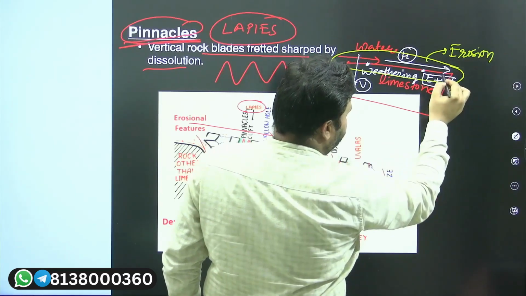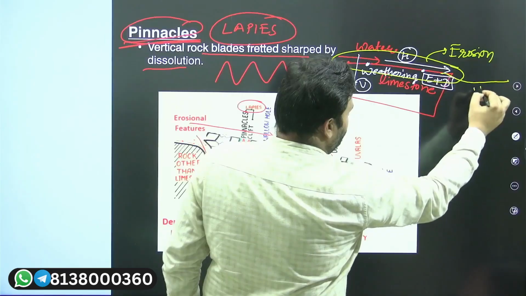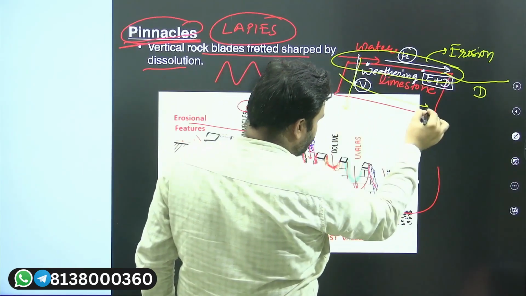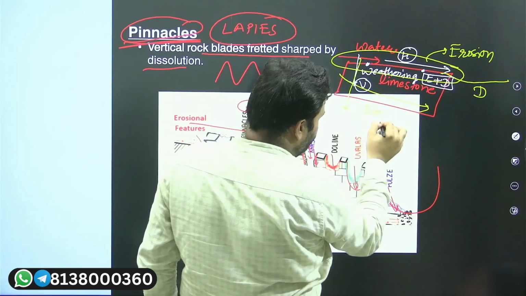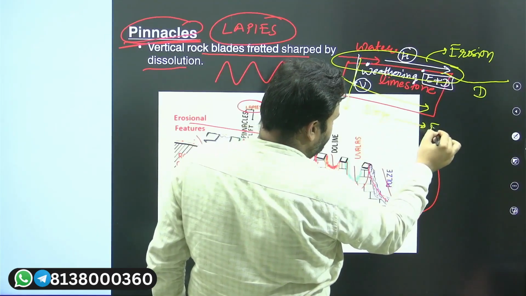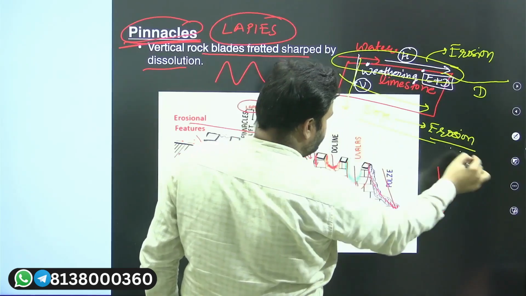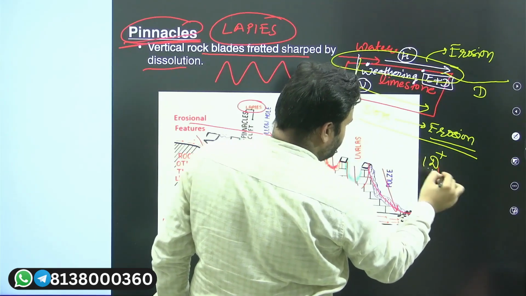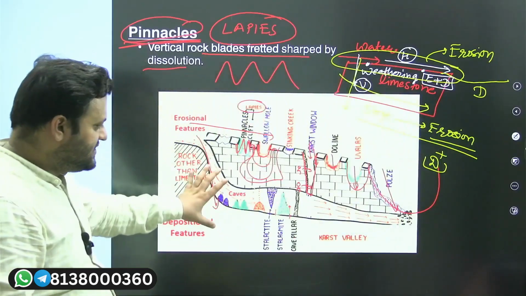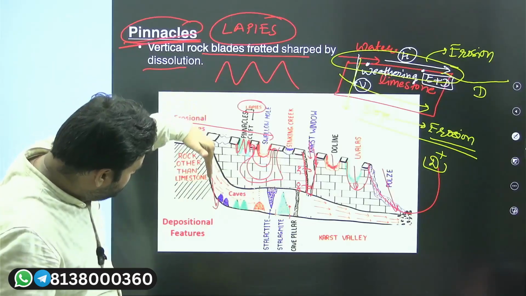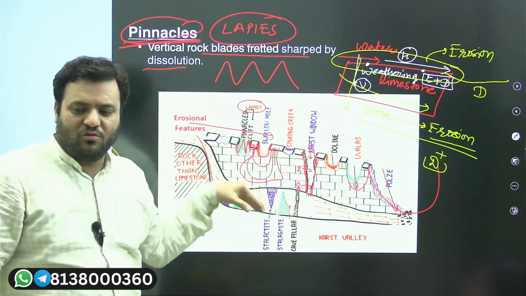However, if there is a gentle slope, then we will have deposition. If there is a slope, we will have erosion, and similarly we will have deposition parallel to this. In this diagram you can see the same: we have erosion, and we will have deposition when the slope is getting gentler.